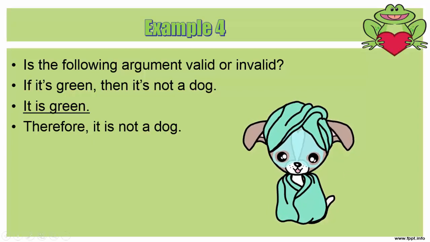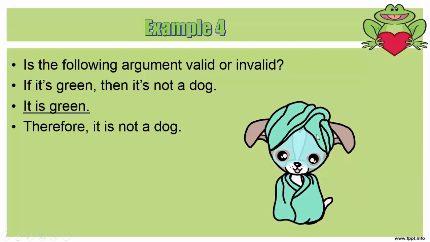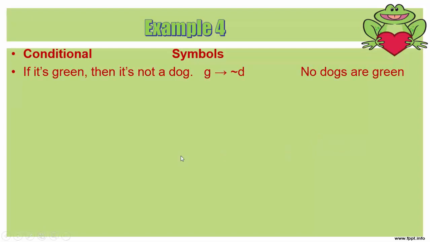So here, we're going to look at it in terms of a symbolic logical argument. So we're going to have the conditional and the symbols. So we start off, if it's green, then it is not a dog. So if green, then not dog.